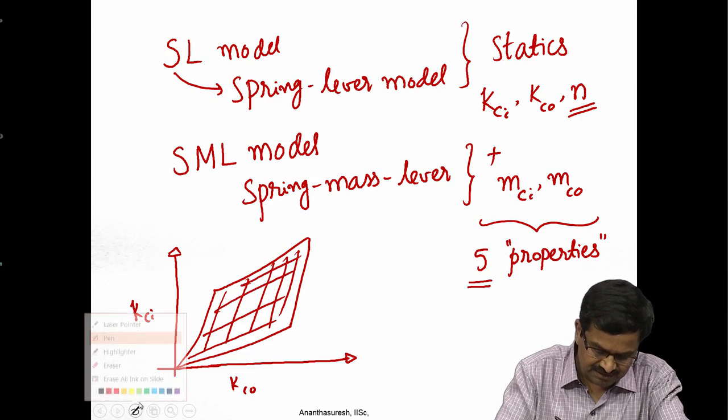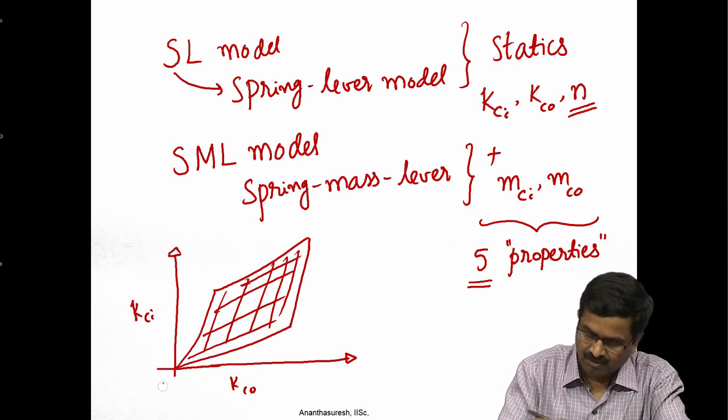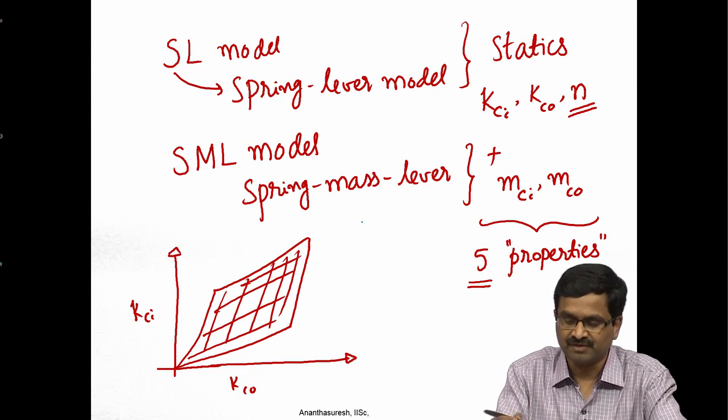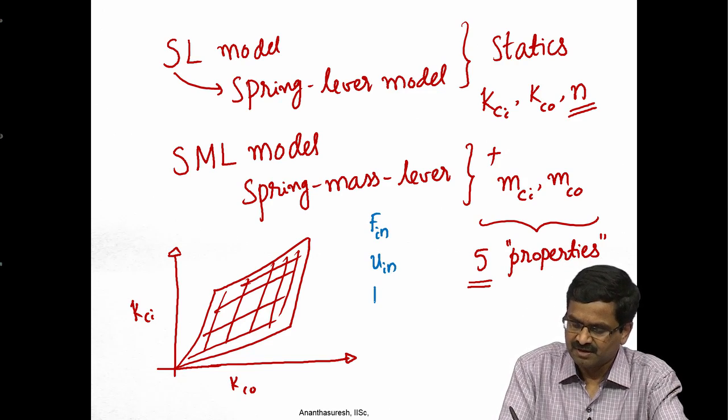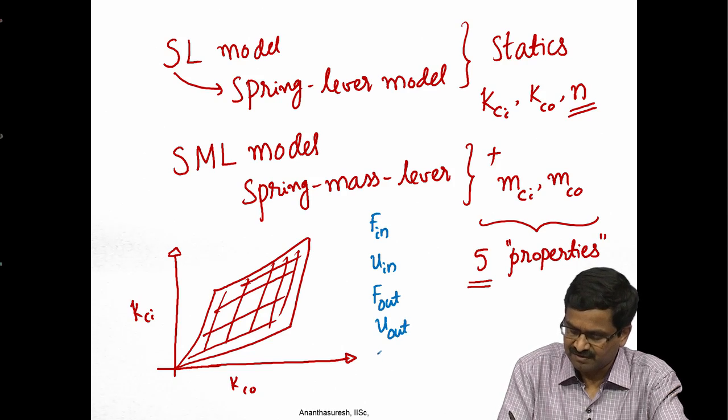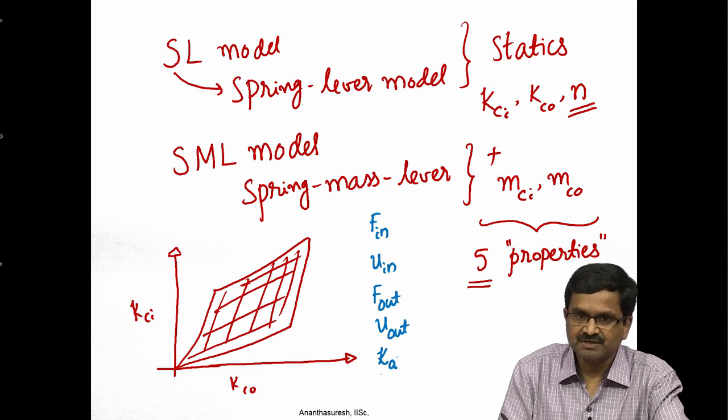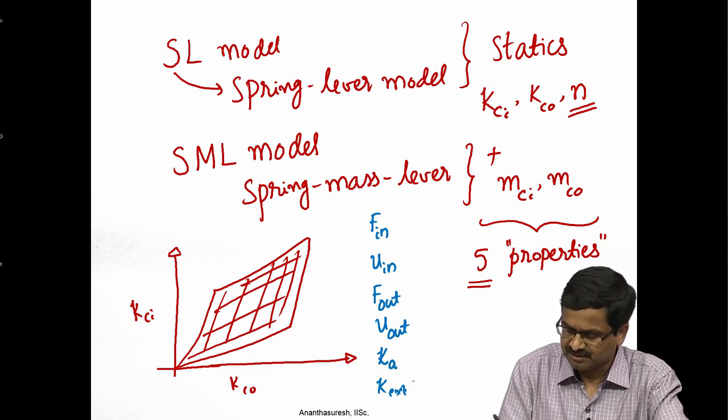User specifications, we had a long list, rather 12 inequalities. We have input force and input displacement, output force, output displacement, and we had actuator stiffness, and we had also K external.